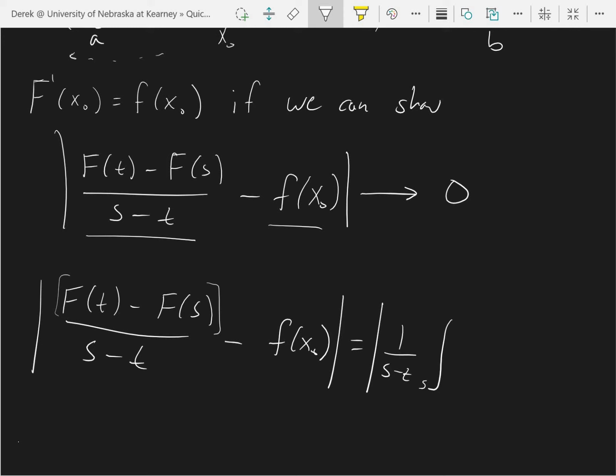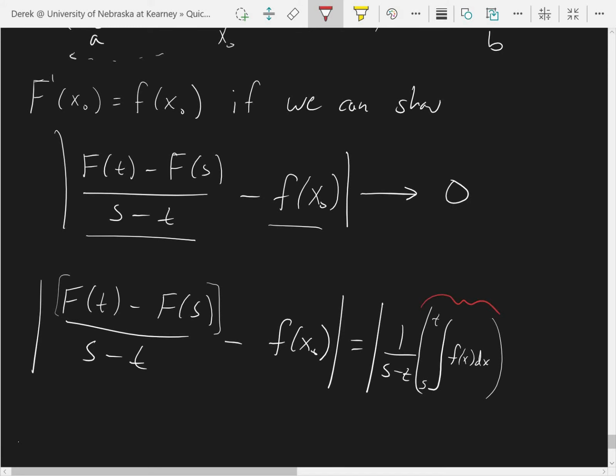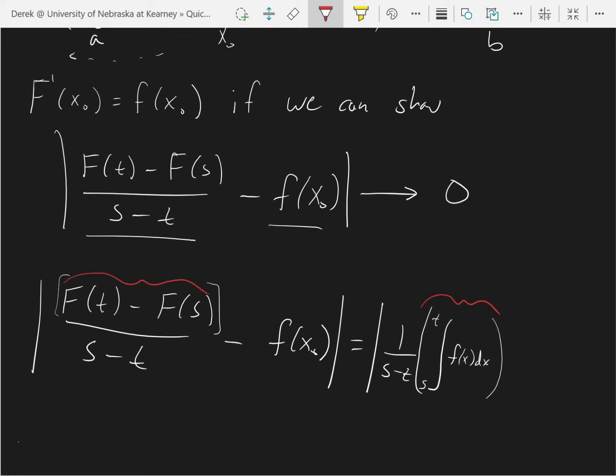I can go from s to t of f of x dx. Right, so this piece is equal to this stuff, and then the 1 over t minus s is still in the denominator. Okay, and then I can subtract off f of x naught, put that in absolute value.